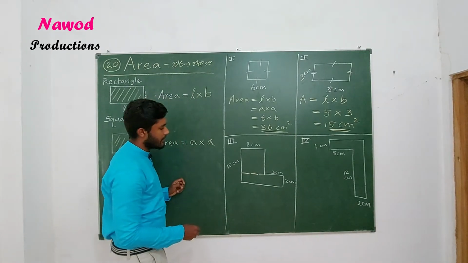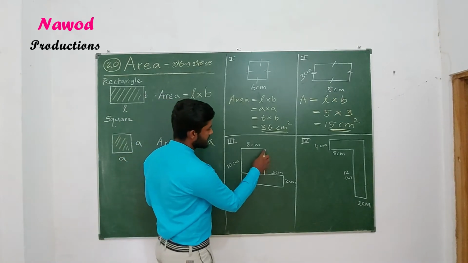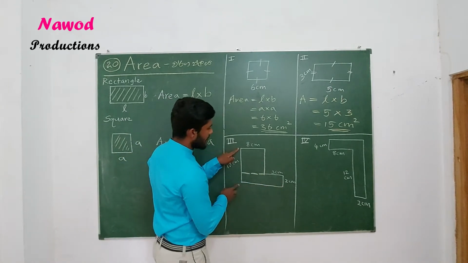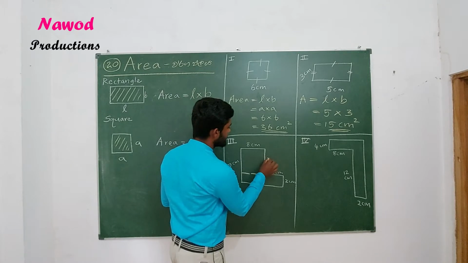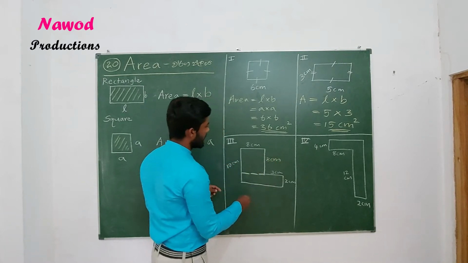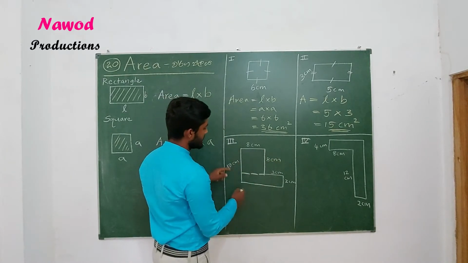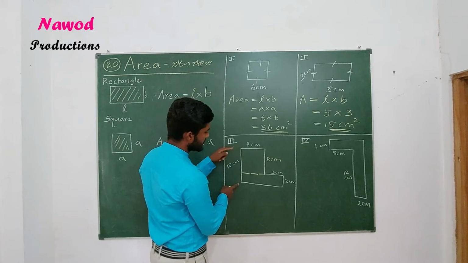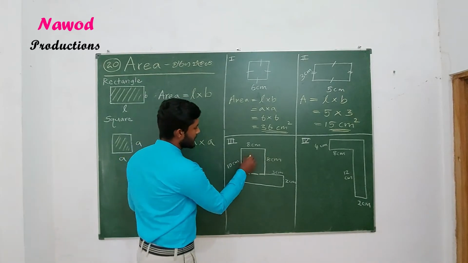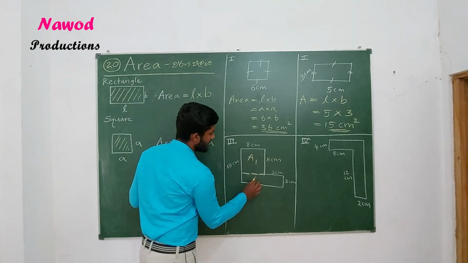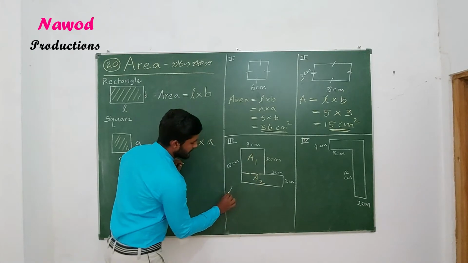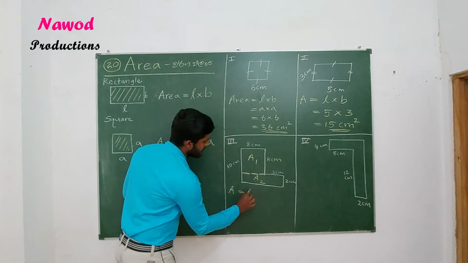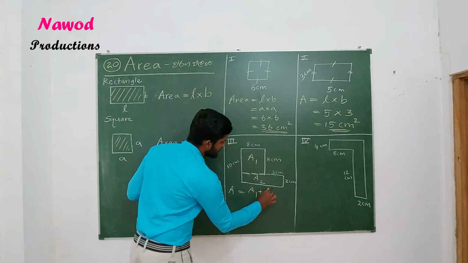Here this length is 10 minus 2, 8 centimeters. Then here also 8 centimeters. Here to here 10 centimeters. A1, A2. Area equals A1 plus A2.